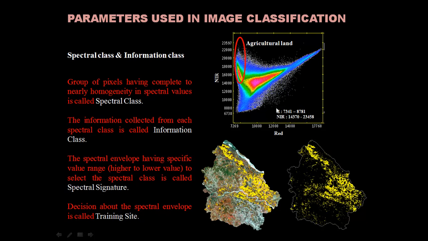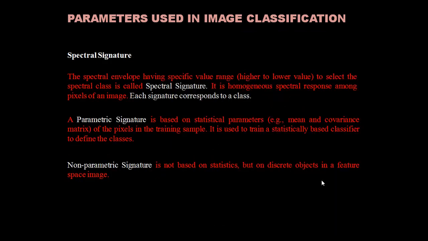So these are the spectral signatures, and this spectral signature has been identified using this kind of training set. So you can say that the training site is the threshold, and using this kind of value range or the training site or the signatures, we have got this kind of thematic map. So from this we can say that the main objective of the image classification system is to make a thematic map. So here it is a thematic map of the agricultural land.